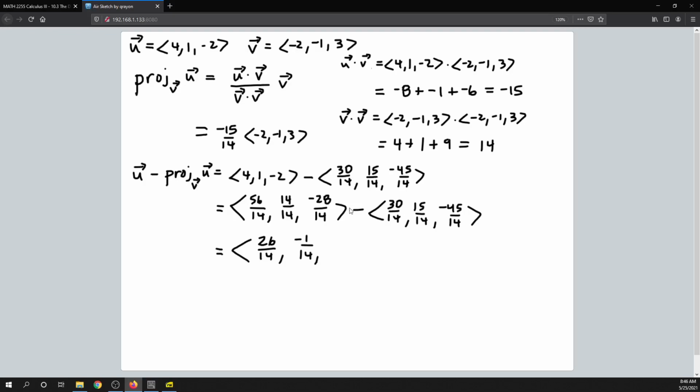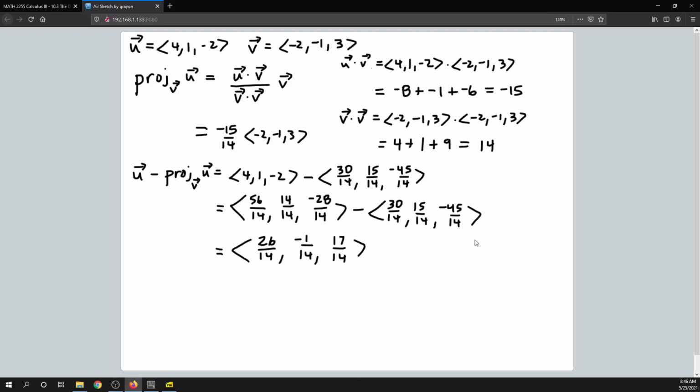Negative 28 minus a negative 45, so that would be 17. Does that seem right? Yeah. Okay, and so that would be the other vector itself.